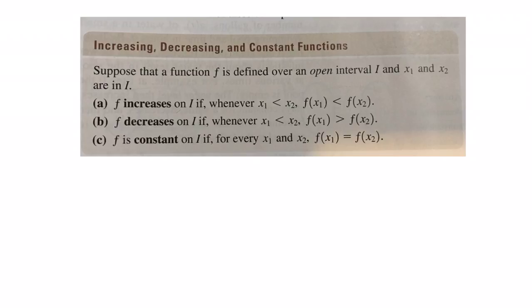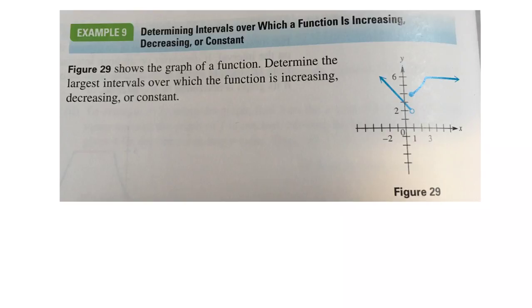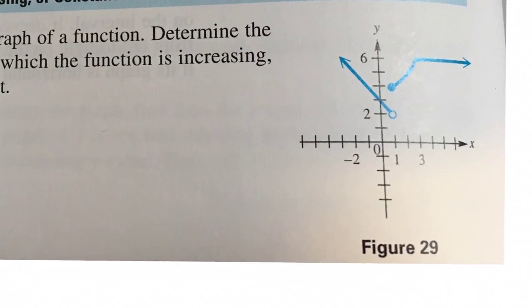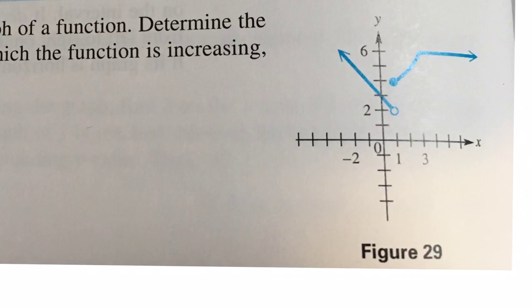Let's do an example over increasing, decreasing, and constant. So for this example, it says that figure 29 shows the graph of a function. Determine the largest intervals over which the function is increasing, decreasing, or constant. Alright.